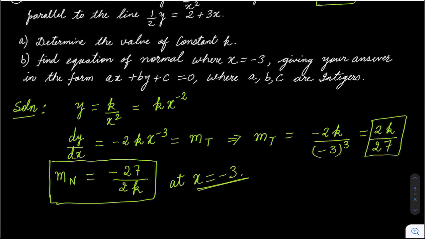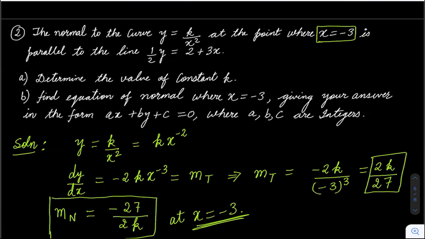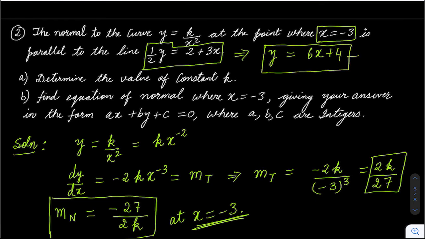So now it is given that the normal is parallel to this line. So this line, if I multiply everything by 2, I will get 6x plus 4. So gradient of this line is nothing but 6. So gradient of normal should also be 6 because normal is parallel to this line.